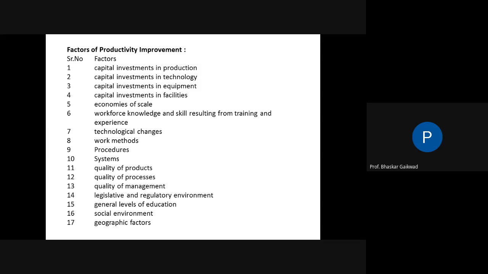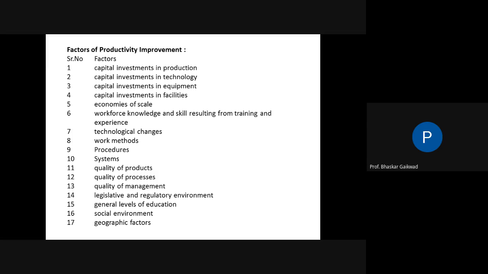Technology: old machines are replaced by recent machines in order to get more production and good accuracy. Then capital investment in equipment: measuring equipment, devices, jigs and fixtures. Capital investment in facilities: all types of facilities should be there. Then it is possible to increase productivity.